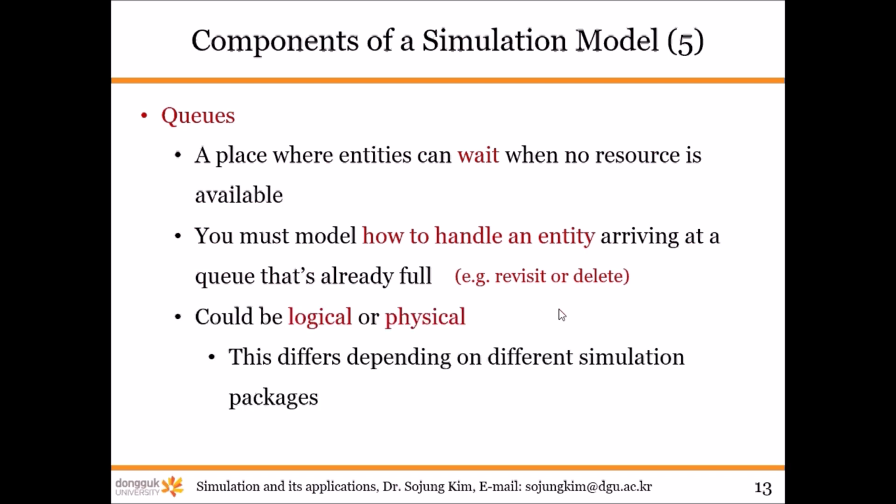A queue can be logical or physical, but in this class we usually use a physical queue, a physical waiting line to get the service. And this definition can also be different depending on the simulation package, but again, let's stick to Arena.